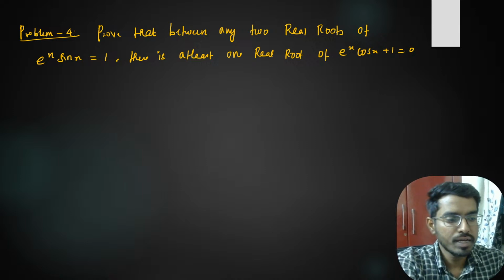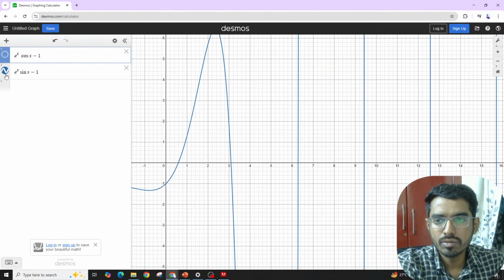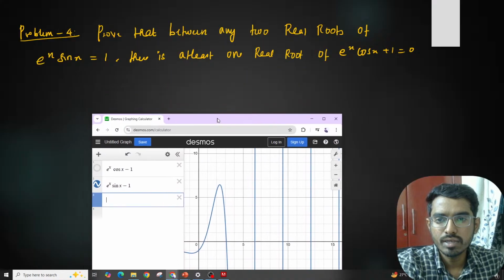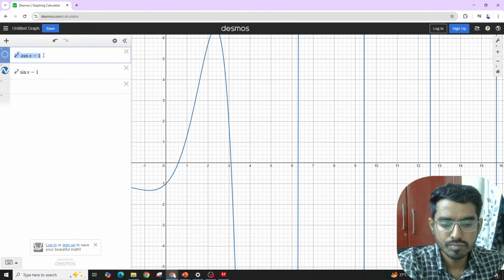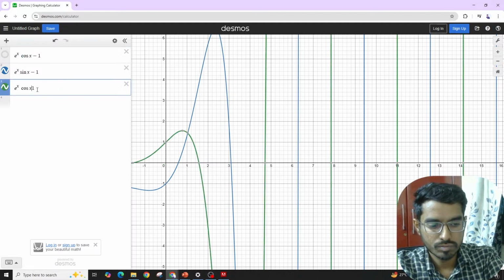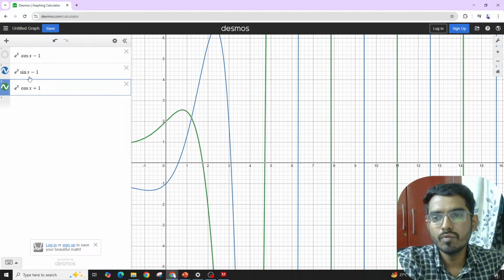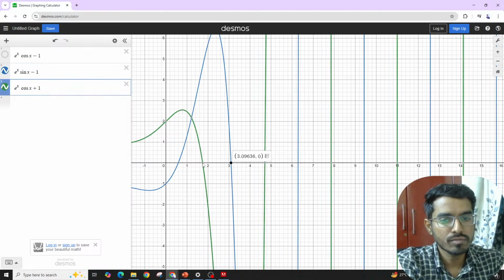So here you can see that e^x sin x - 1, and another is e^x cos x + 1. And you can see between any two roots of blue, there is one root of green, right?